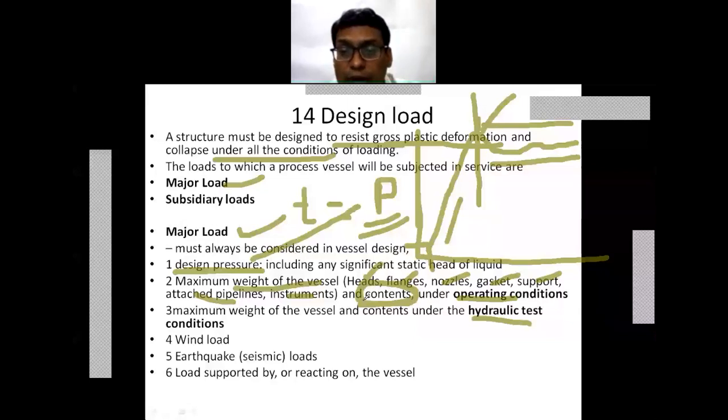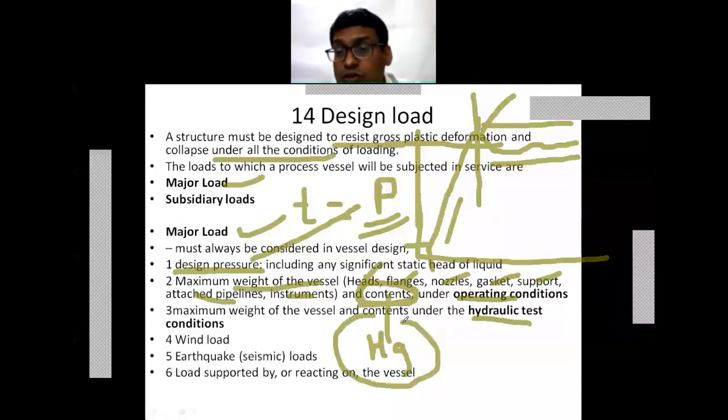And the weight of the contents also is to be added, because that is also going to be there during operation. Now if it's a gas, then the weight of the content is comparatively less, but if it's a liquid, say mercury, which has a very high density, then the weight of the contents is 13.6 times the weight of water.